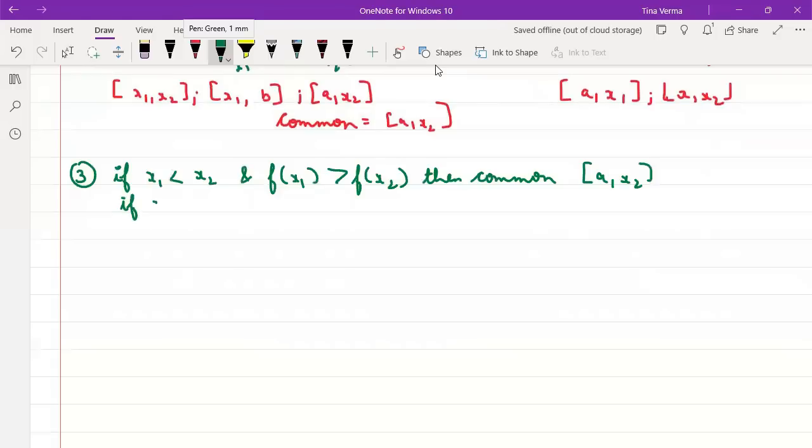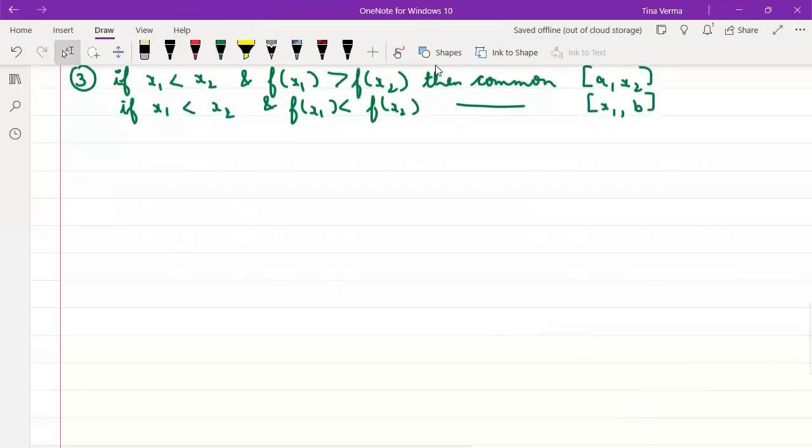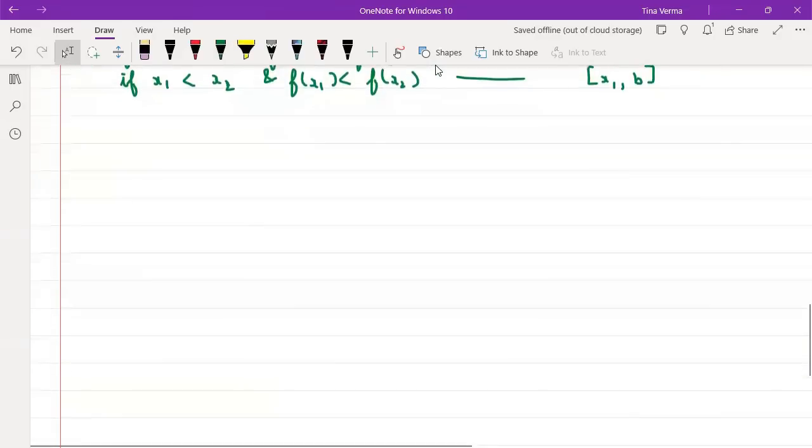And if x1 is less than x2 and function's value is also less than function's value at x2, then the common interval in this case will be your x1 to b. ठीक है? क्लियर है ये चीज, राइट?